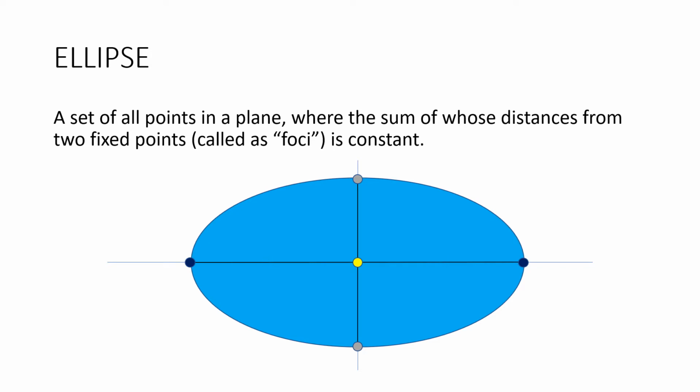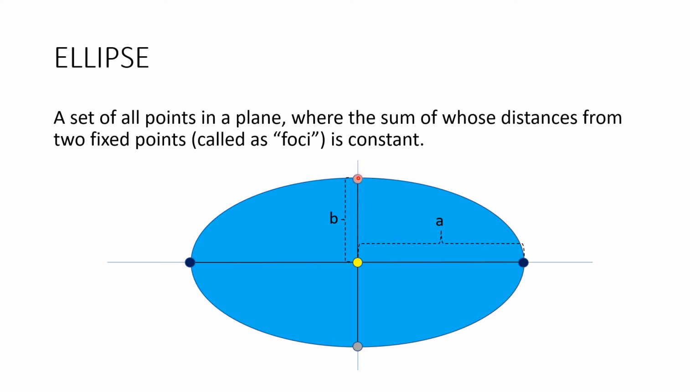Let us now talk about the distances between points. The distance from the center up to one of the vertices of our ellipse is equal to a, while the distance from the center up to a point of intersection of the minor axis and the ellipse is equal to b.